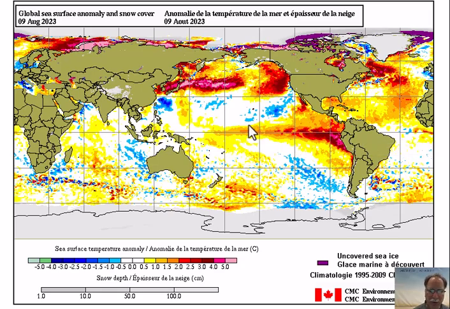So that is one of the things we'll be focused in on over the next several months. Not only are there signs with the actual water temperatures beneath the surface that this El Nino will start shifting to the west across the equator, but some computer forecast models tend to indicate that as well for the upcoming winter season, that El Nino will really be concentrated right in the central Pacific Ocean.